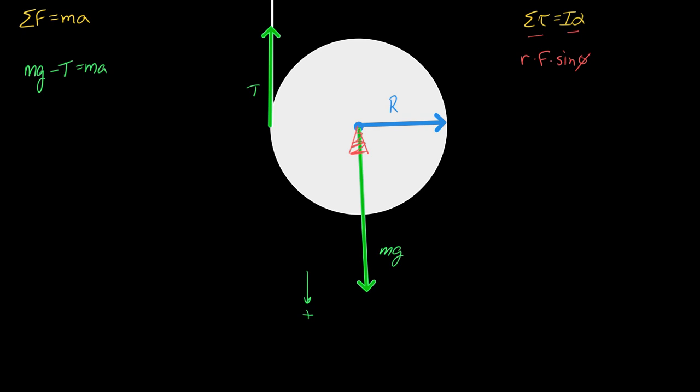When I look at this picture, it appears that the tension is acting a distance r away from the pivot point. So I will identify that r is the torque arm, T is the force, and I can see that, like a pulley, it's acting at an angle of 90 degrees.